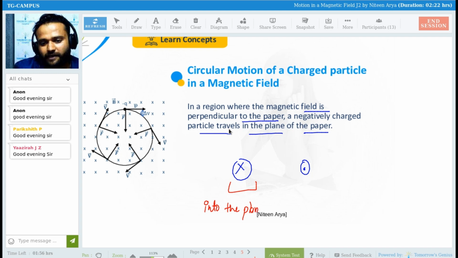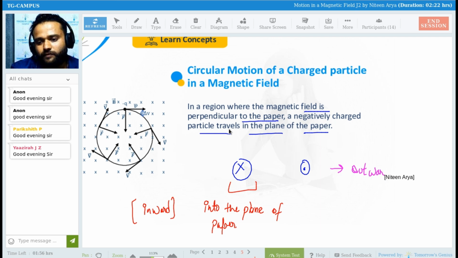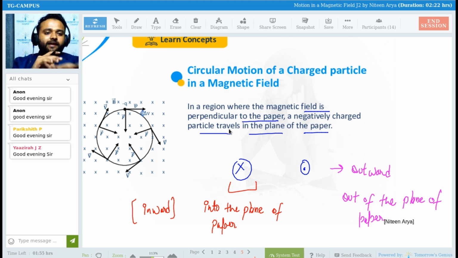Into the plane of paper, or inward also. And this one is outward, out of the plane of paper. This whiteboard is your plane of paper, and again my palm is a plane of paper.